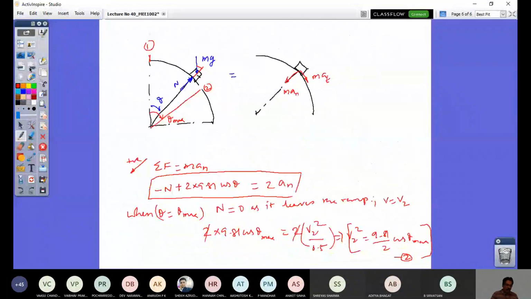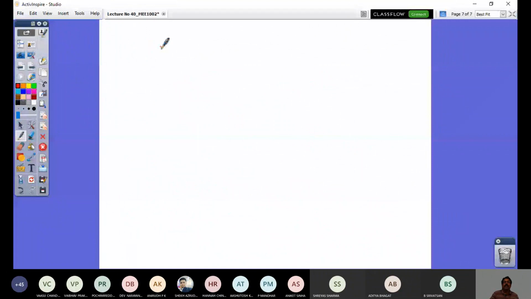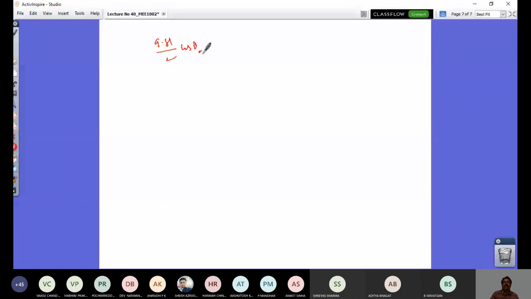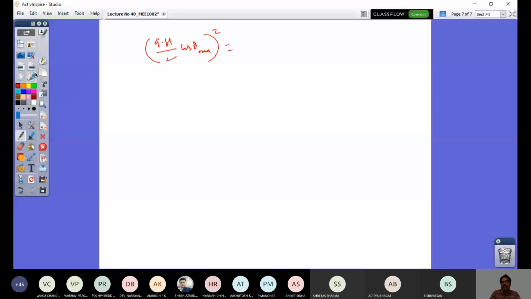So then what is that my equation? So it is 9.81 by 2 cos theta max, sorry, that's not square. One minute. Equation 1 is V2 square. So what do I have here?